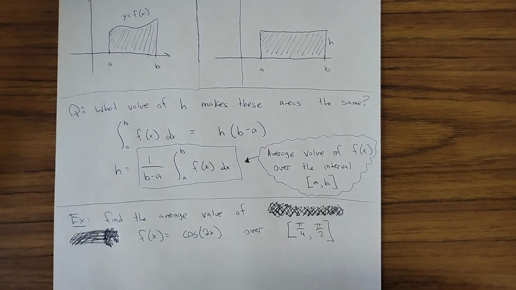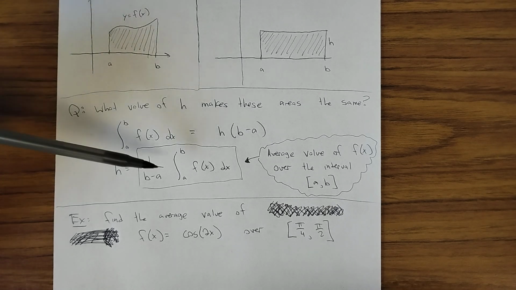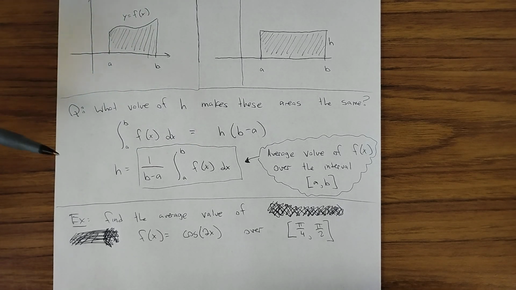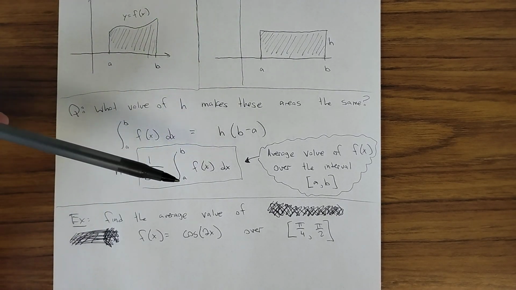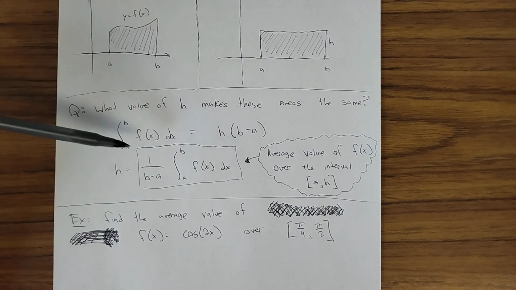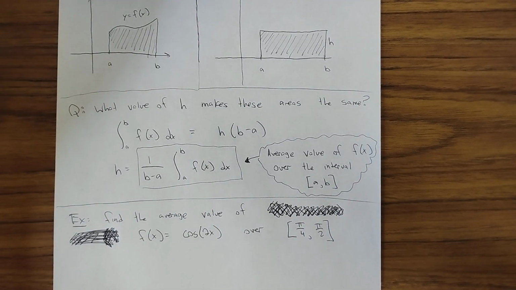So I'm going to do an example. The truth is that if you can do an integral, you can find the average value. This is not a difficult setup. You take whatever function you're given and you stick it right here, you integrate it, and you just have to remember to divide by b minus a, or stick a 1 over b minus a in front.